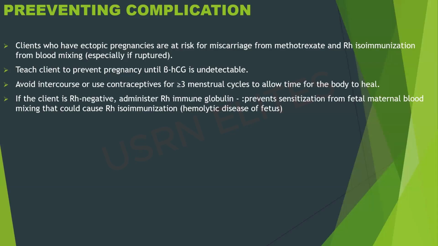Unless the mother is negative, that's where we are going to administer this to prevent sensitization, immunization. That's what you have to know. If not, in subsequent pregnancies, you are going to experience hemolytic disease of the fetus, and hydrops will also come in. All right?